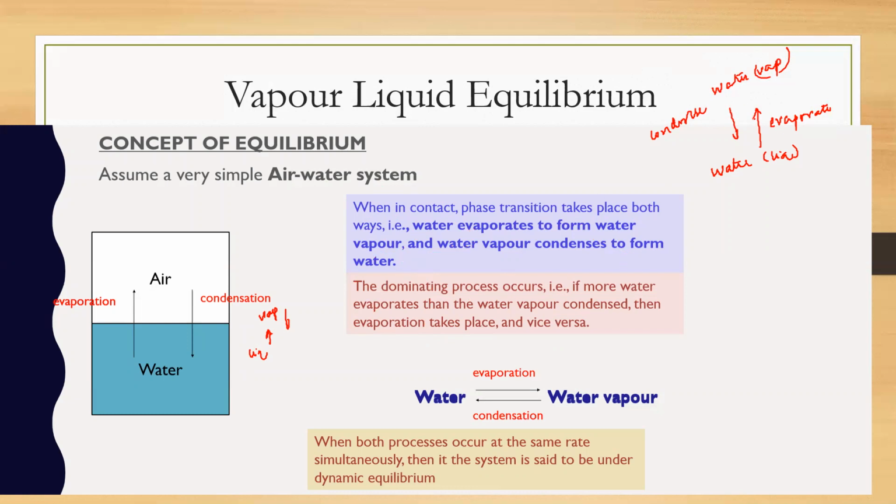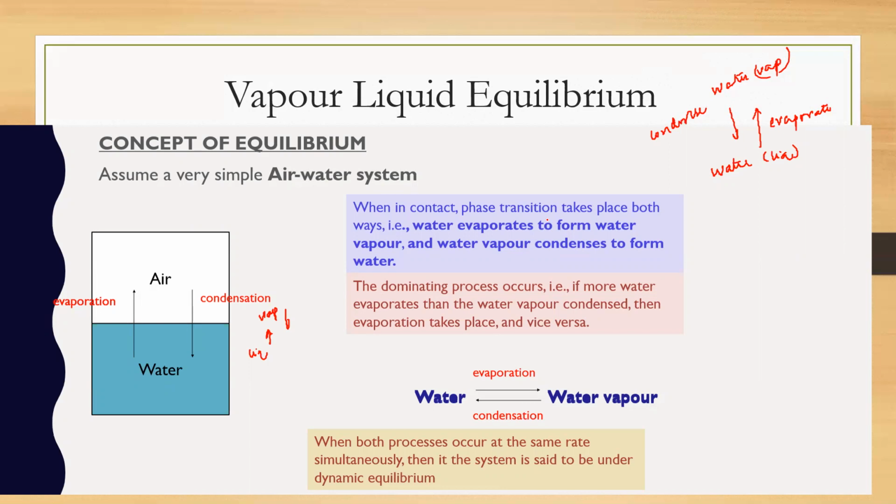Now, out of these two processes, one of them would be dominant. That means either water would be evaporated more in comparison to water vapor that is condensed, or water might be condensed more than it would be evaporated. Whichever is the dominating process, if evaporation is dominating, then overall evaporation occurs. If condensation is dominating, then overall condensation occurs.